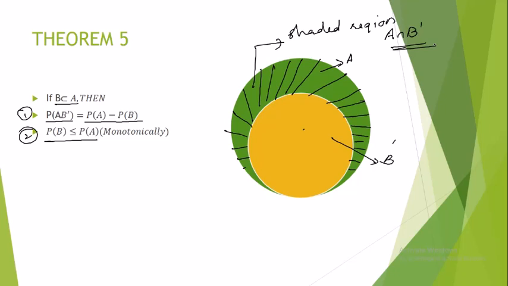So it is A intersection B complement. Now that's all about the picture. Now let's see, is B and AB complement mutually disjoint? Yes, it is. B and AB complement are mutually disjoint events.